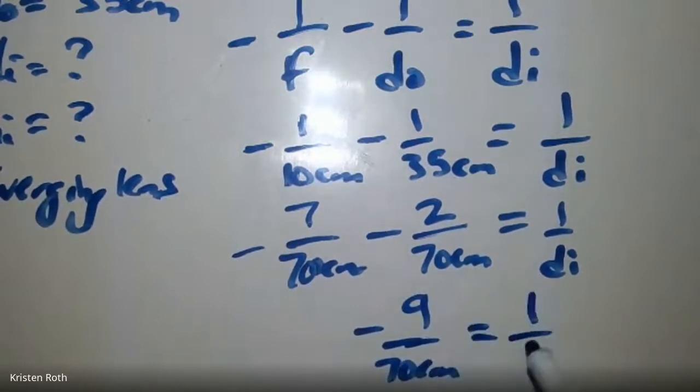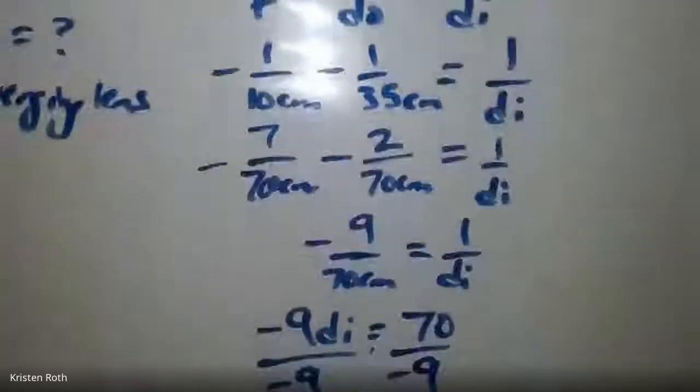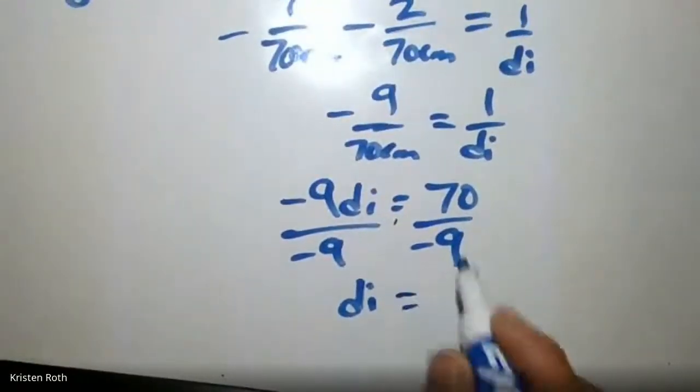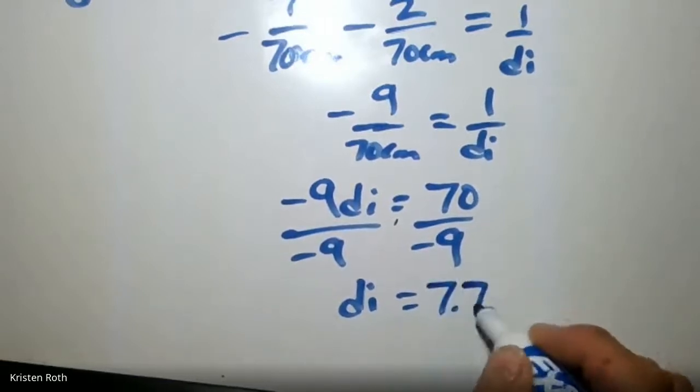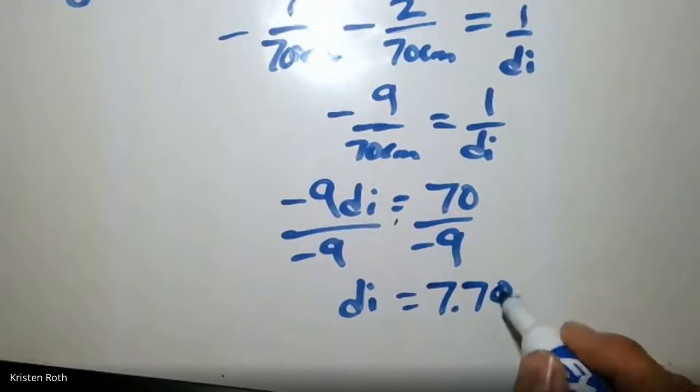And then now we cross multiply. So we're going to go negative 9 di equals 70, divided by the negative 9. Di is going to be 70 divided by negative 9. I'm just doing it on my calculator, and it's 7.777, so we'll round it to 7.78.